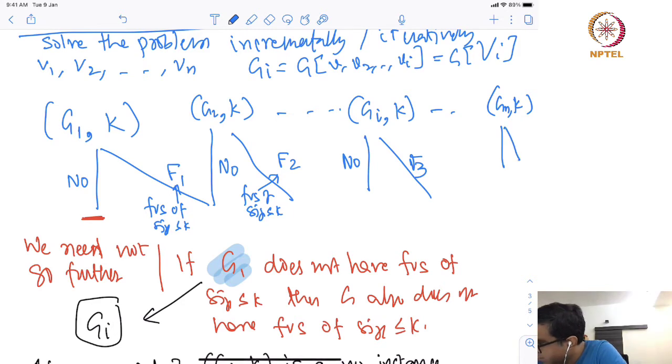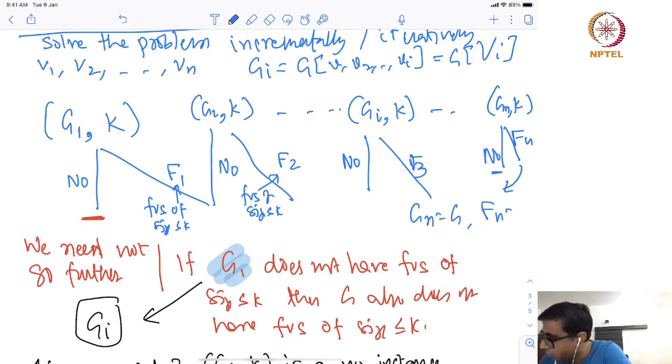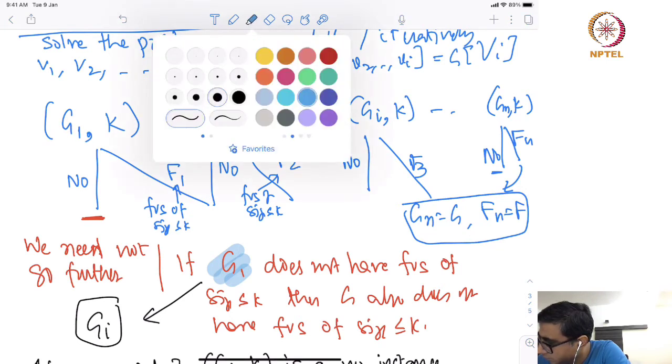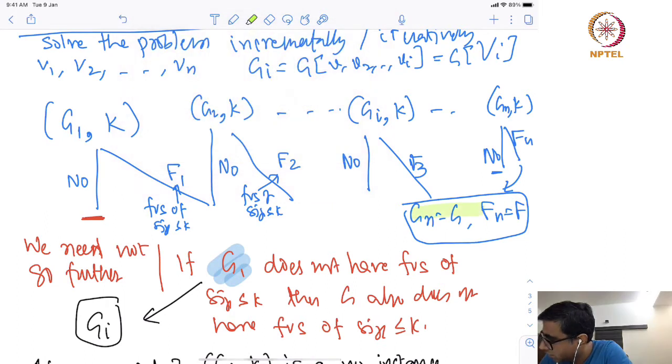At the last, either we get F_n or we get no, and G_n is equal to G, and F_n equal to F is your desired solution. So, this is perfectly fine. Now let us try to understand.